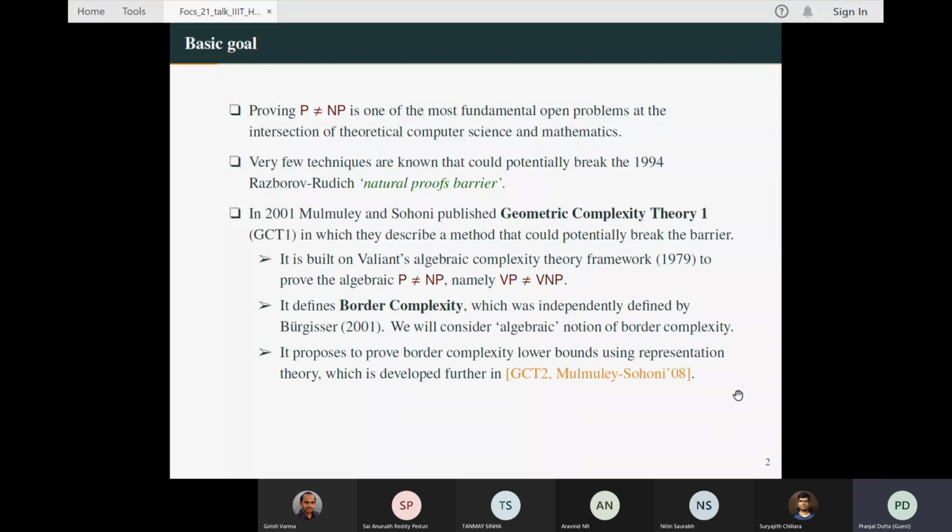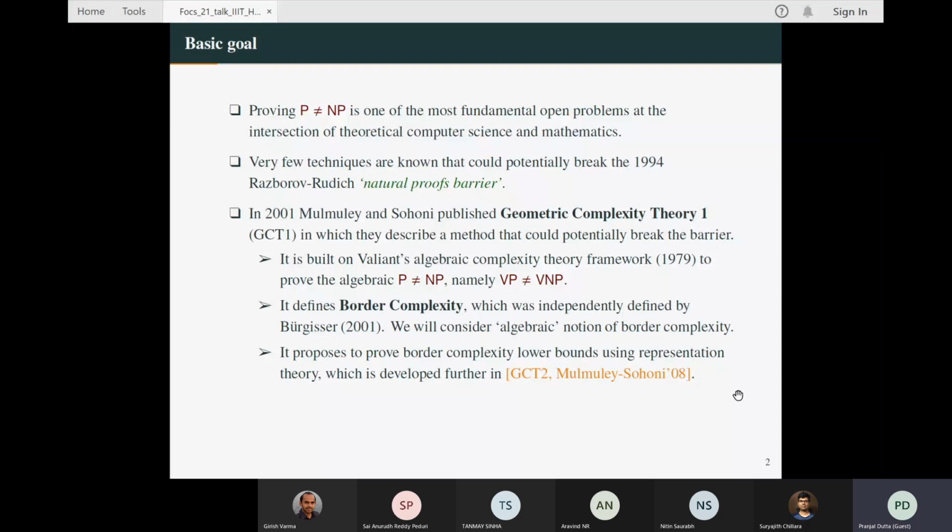They said that if we really understand those representation theoretic problems, we can prove such strong lower bounds. So the P not equal to NP problem was completely translated into this representation theoretic language, and there are some things that you want to prove.